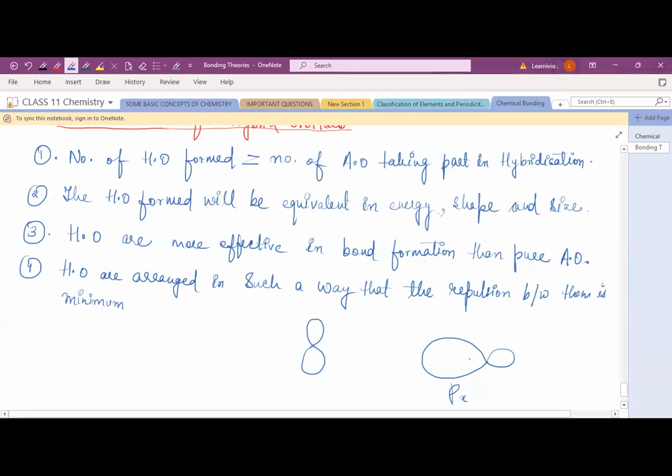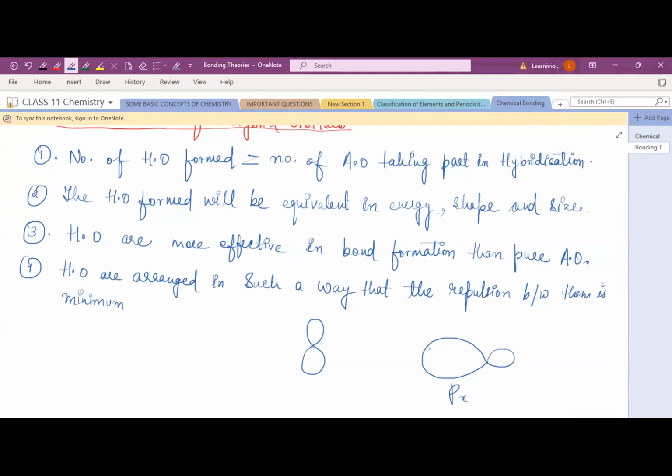What happens there? Due to one enlarged lobe, the distance between the atomic orbitals becomes more. The distance becomes maximum. So if the distance between the orbitals becomes maximum, obviously the repulsion will be minimum, and due to the minimum repulsion, the bond formation takes place more effectively than with the pure atomic orbital.